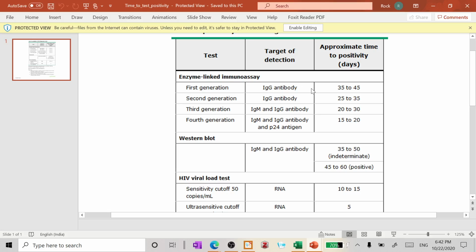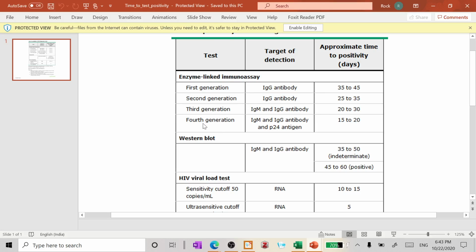The first generation used to detect only IgG antibodies, and it took a lot of time, like 35 to 45 days. The second generation also measures IgG antibody, but takes about 10 days less compared to the first generation. The third generation takes 20 to 30 days, but it detects IgM and IgG antibodies.